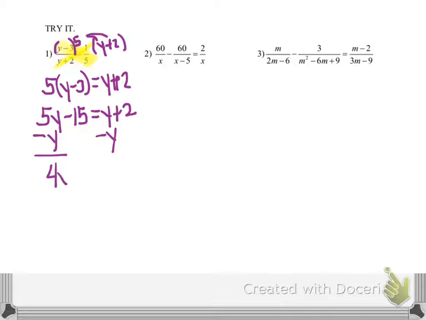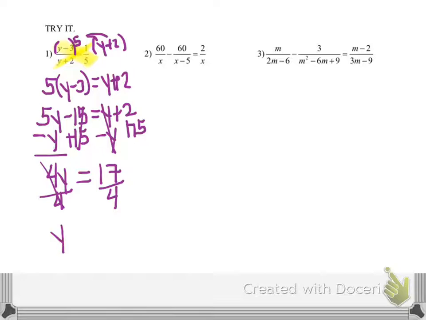That's 4y. These cancel. Add 15. Add 15. These cancel. So that's 17. Divide by 4. Divide by 4. Y equals 17 over 4. Just leave it. Don't try and turn it into a mixed number. No need to put it in as a decimal. That's all you have to do.